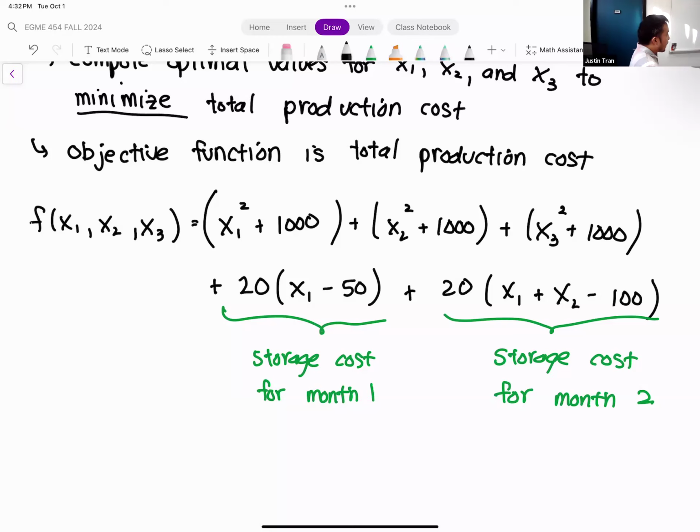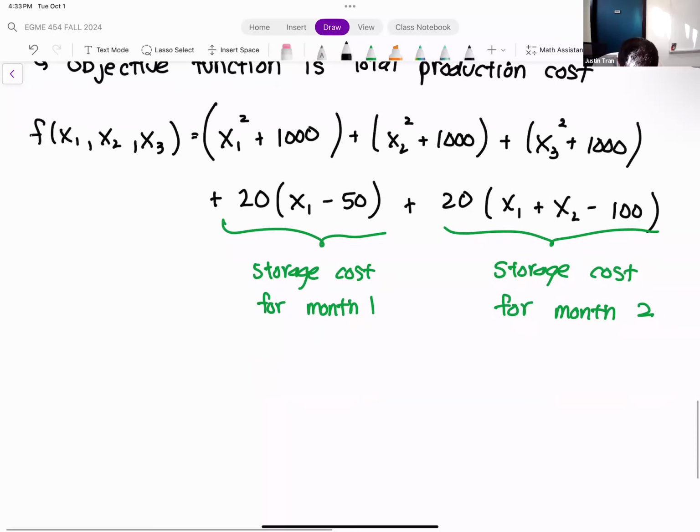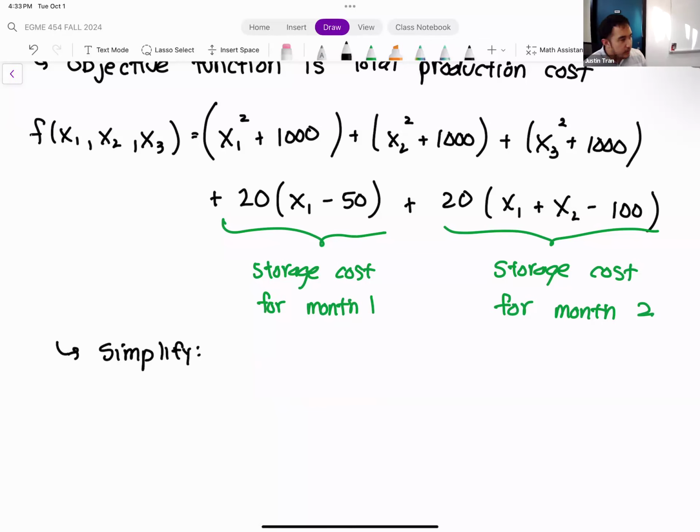Okay. So that's our objective function. So it's quite busy. You can see we have a lot of terms here. So let's simplify this a little bit, just to make our lives a little bit easier. Okay, so what I'm going to do is distribute each of the 20s into the storage terms, then just add up like terms.